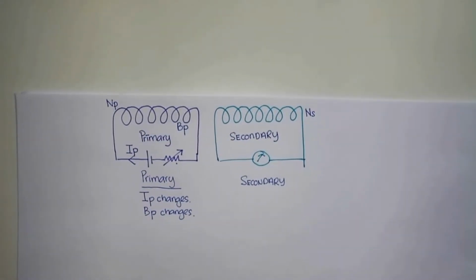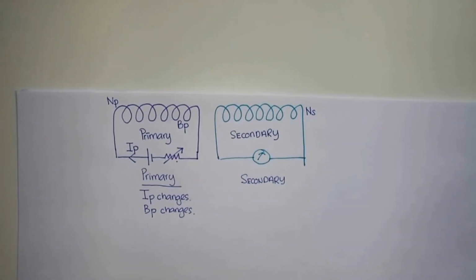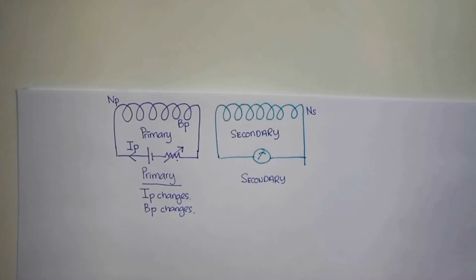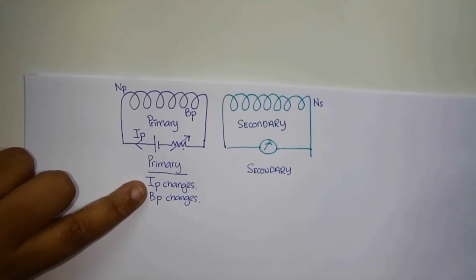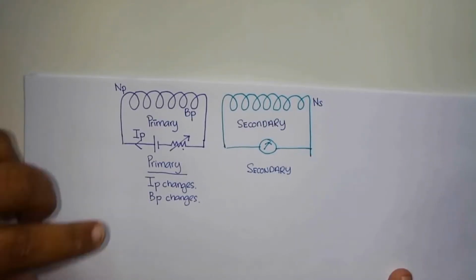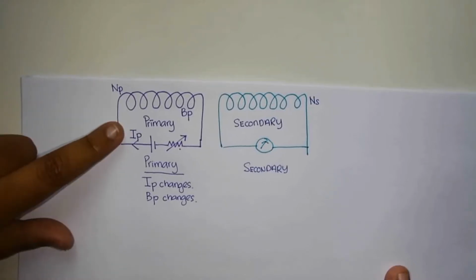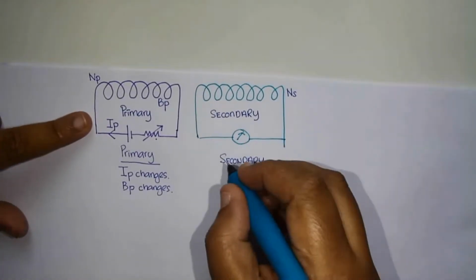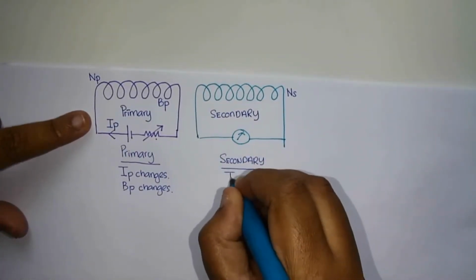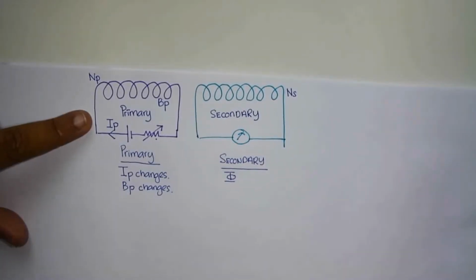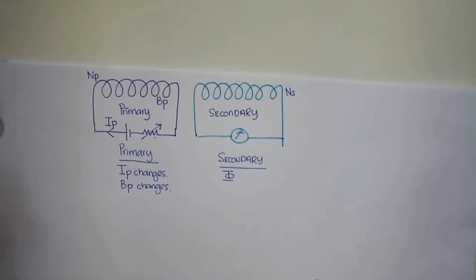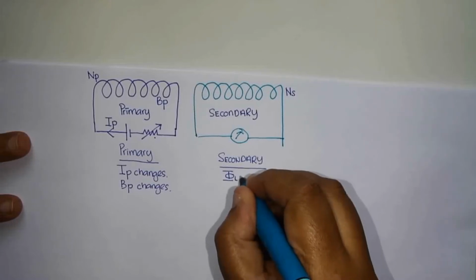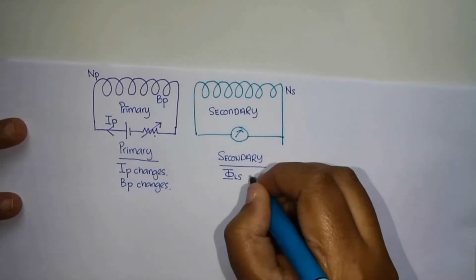Next, according to the mutual induction concept, when the current in the primary coil changes, we realize the magnetic flux linkage in the secondary coil changes.